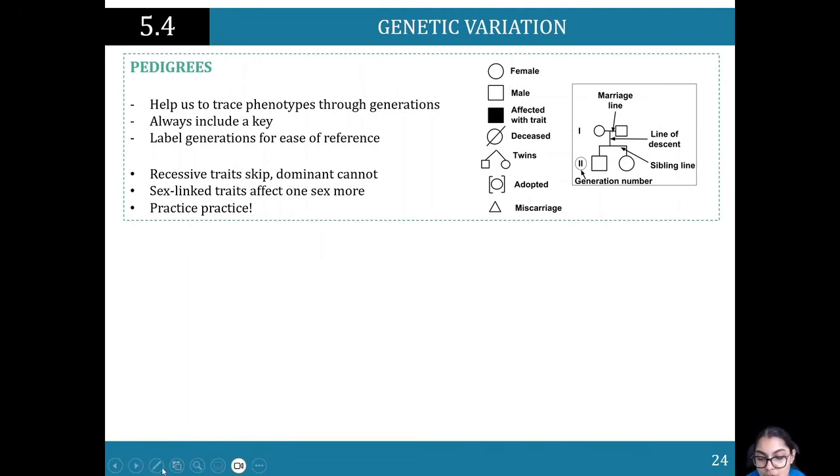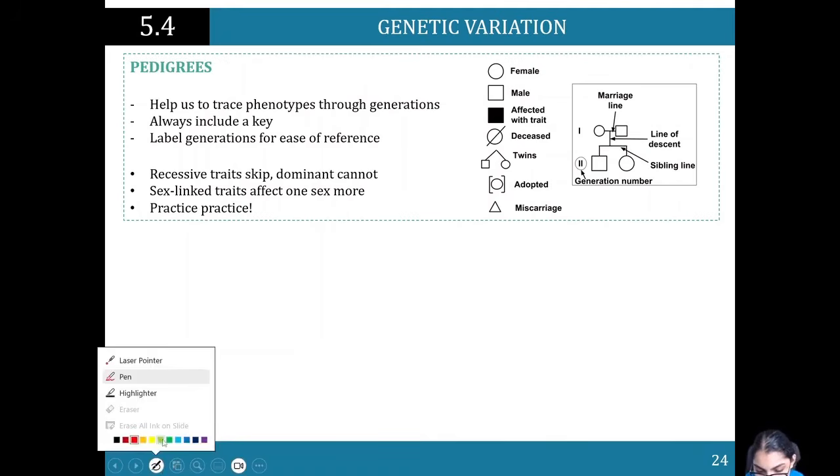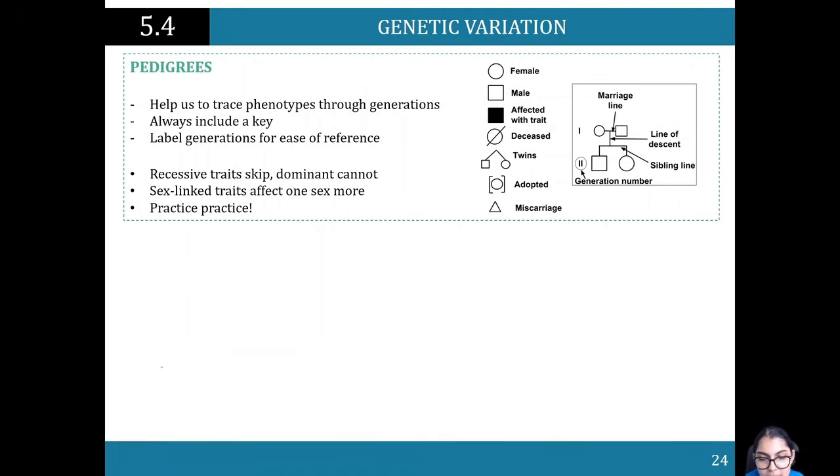So remember, when we actually write this down, and I might just get my pen out. Here we go. When we talk about a dominant trait, we refer to it with a capital letter. When we talk about a recessive trait, we refer to it with a lowercase letter.